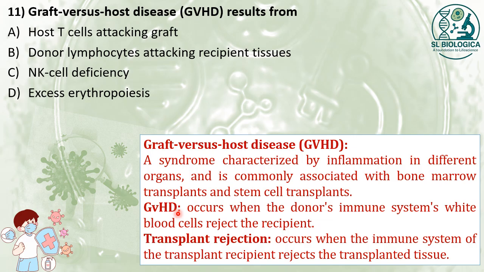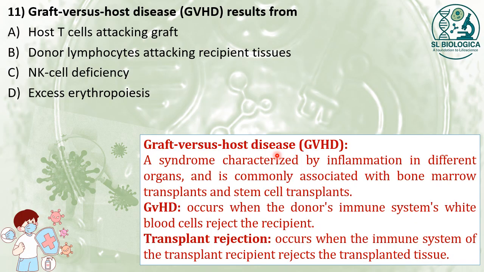Don't confuse this term with transplant rejection. Rejection is actually different. Rejection means we are rejecting the accepted transplant. Here the host is actually rejecting the donor tissue. It occurs when the immune system of the transplant recipient rejects the transplanted tissue.